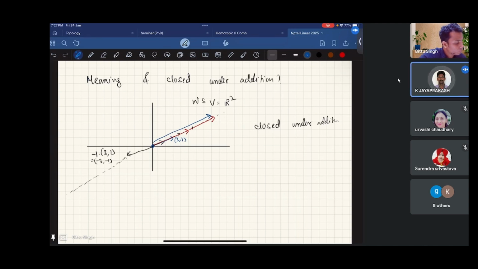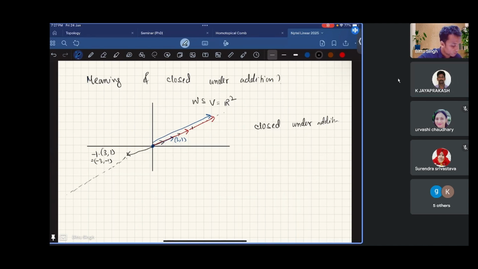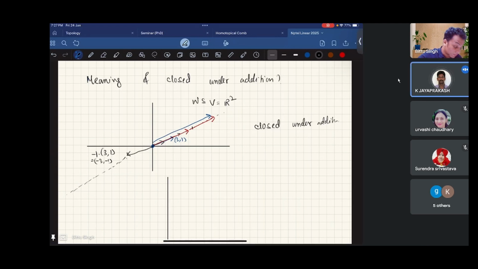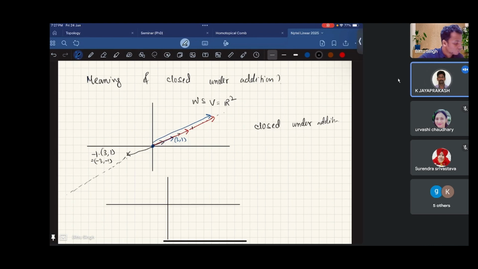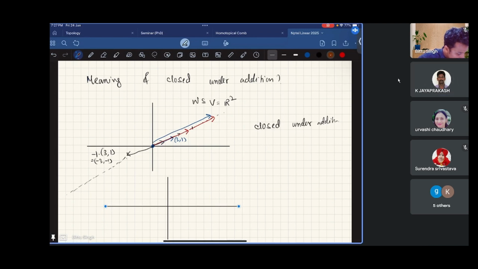But if you pick, for example, just consider this subset, not subspace. Sorry, just a small shift. Consider those two lines.